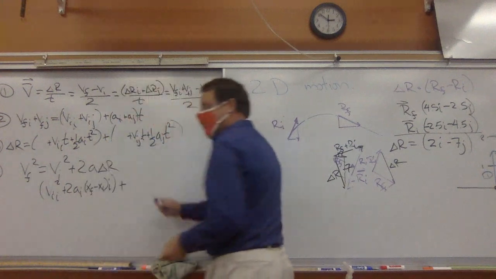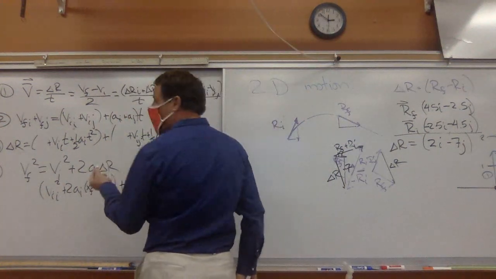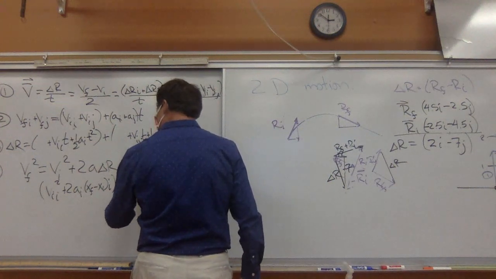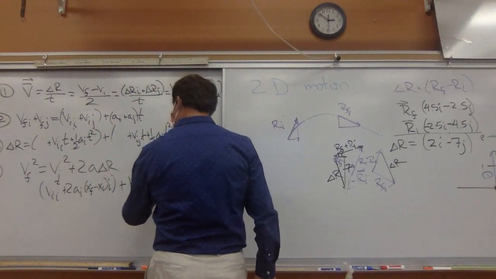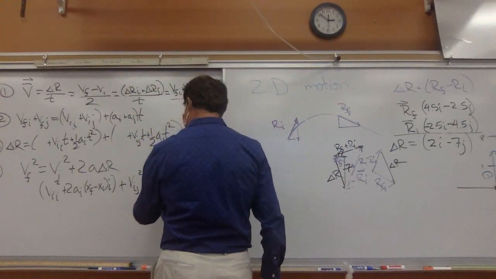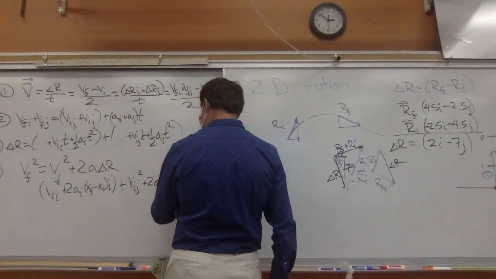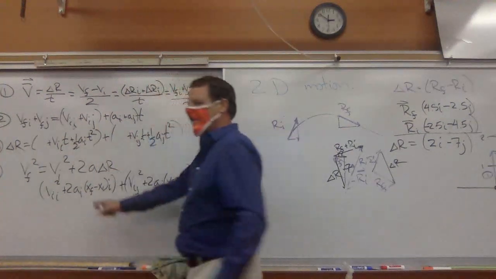And this whole thing is going to be plus the same thing in the y or J direction. So we'd have V initial J squared plus 2A J times y final minus y initial, which would be in that J direction.